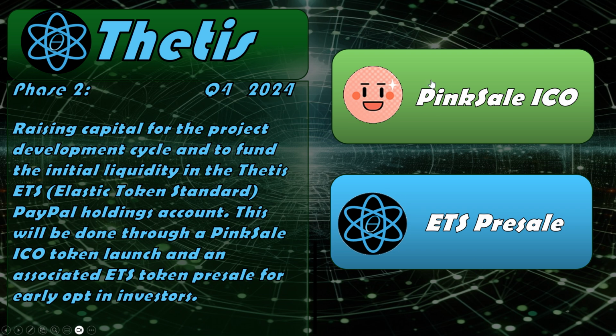So there's two plans of attack, basically. There are two different angles that we're going to go at. One is Pinksale, which is a promotional strategy, and then this one's on our website. This is just to get people involved in actually getting tokens and getting involved in the early phases of the Thetis block matrix project.